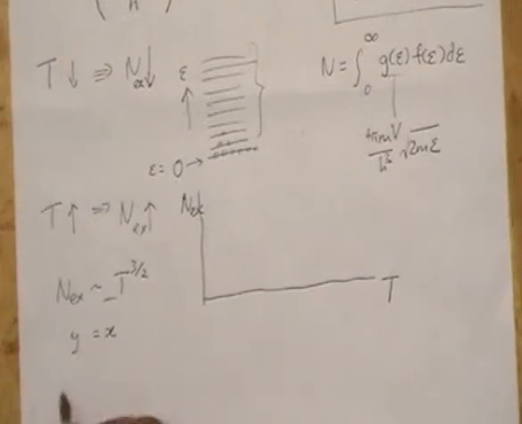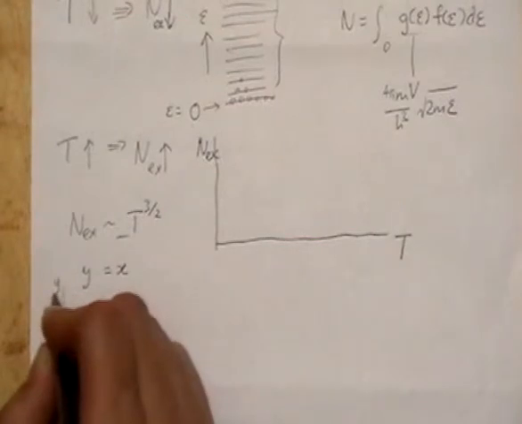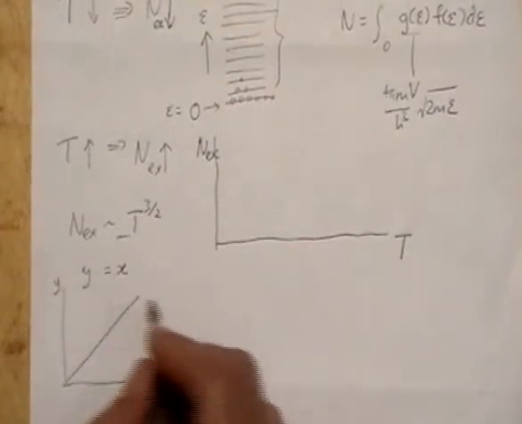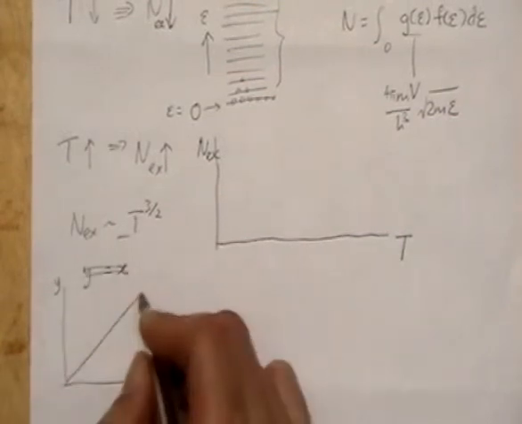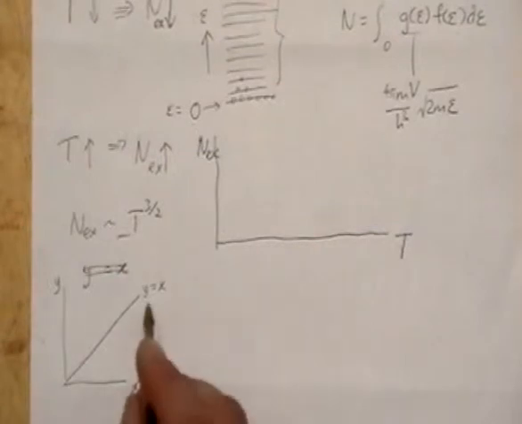As an aside, let me try to sketch this. If I have x here and y there, y equals x is a straight line like that. Now let's think about y equals x squared.